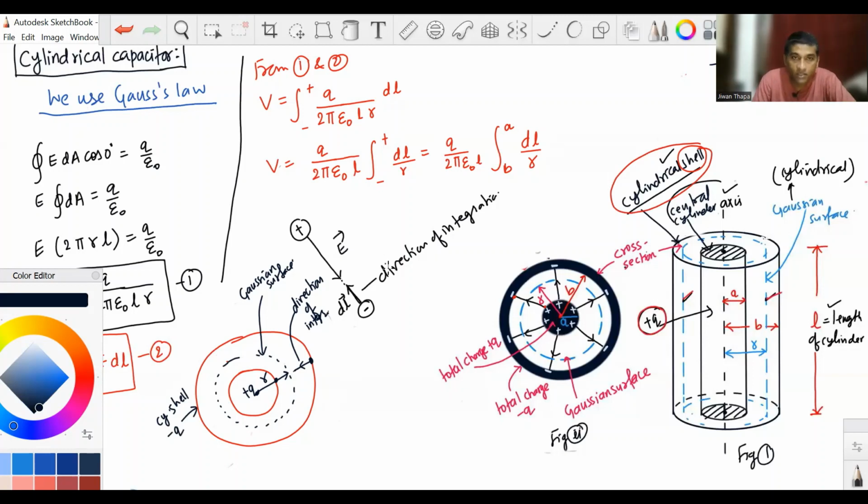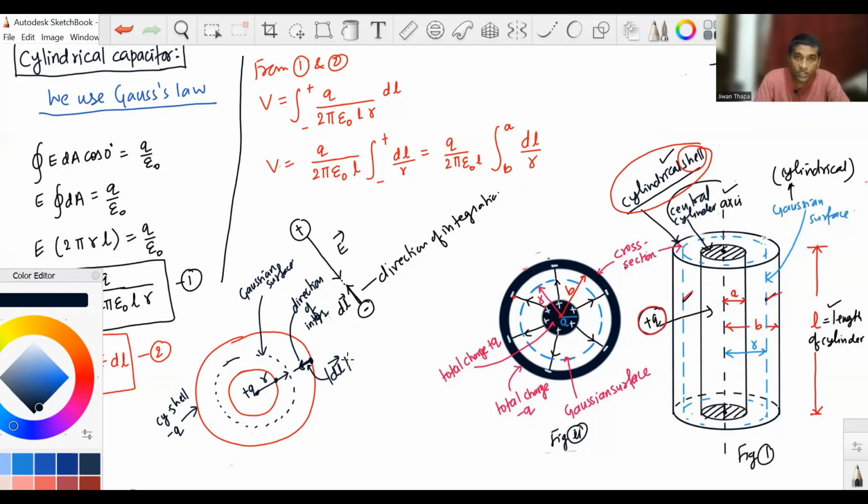So I'm denoting it this way. If we take a small length, let's say this is dl, this is the dl length. We are moving along this direction. I'm taking it in magnitude, so we have a small displacement along the direction of integration.